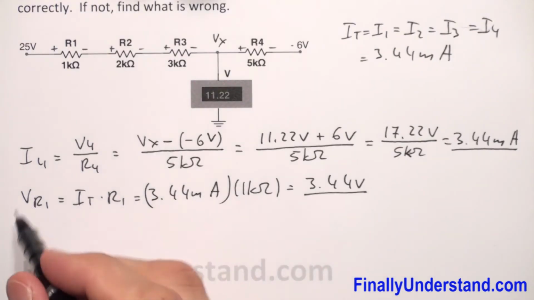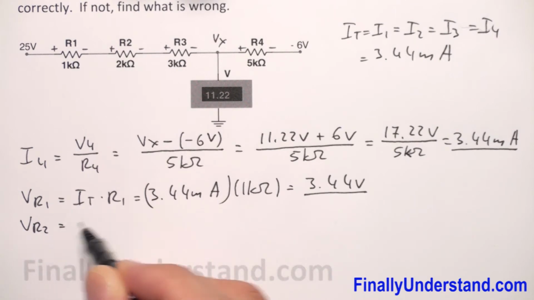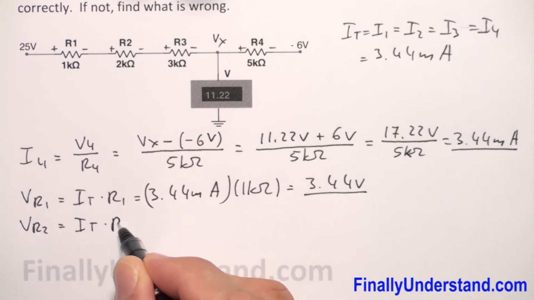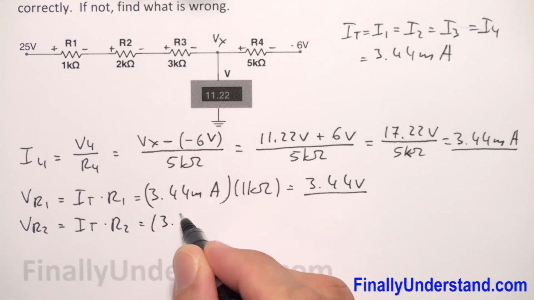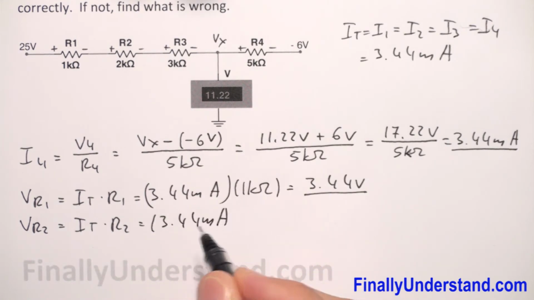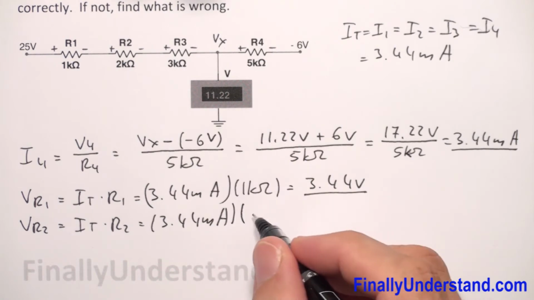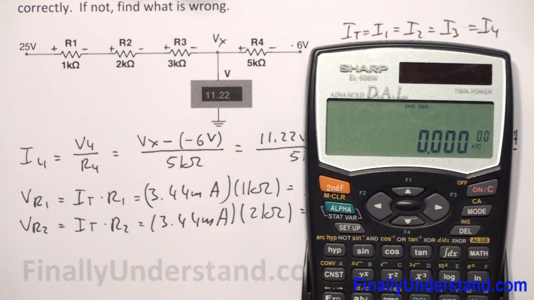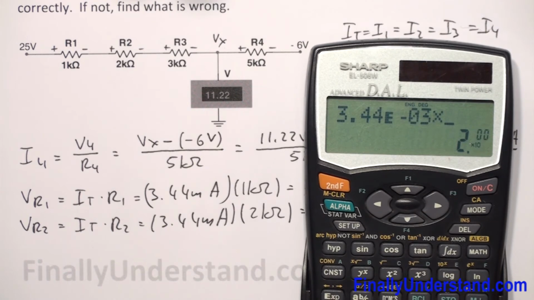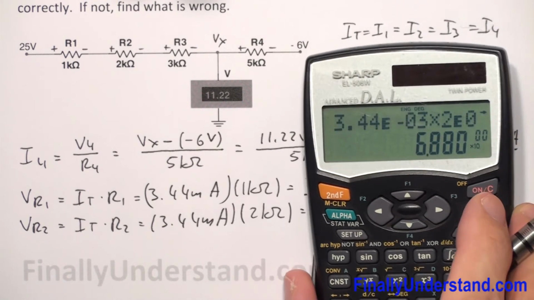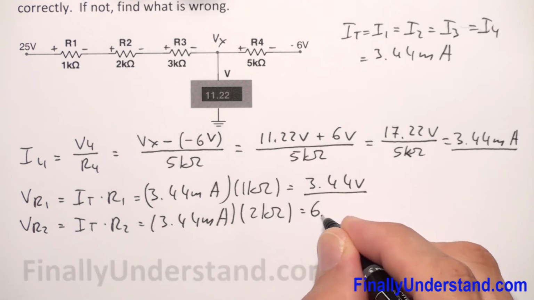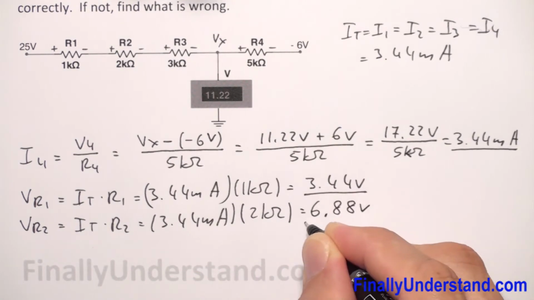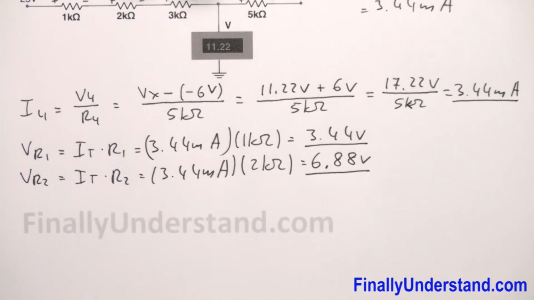So V2, the voltage across resistor R2, is equal, again, to I total times R2. This is equal to 3.44 milliamps times 2 kilo ohms. This is 3.44 exponent 3 negative times 2 exponent 3. This is equal to 6.88 volts. Again, I'm doing this on the calculator, just to make sure that everybody knows how to enter these values.